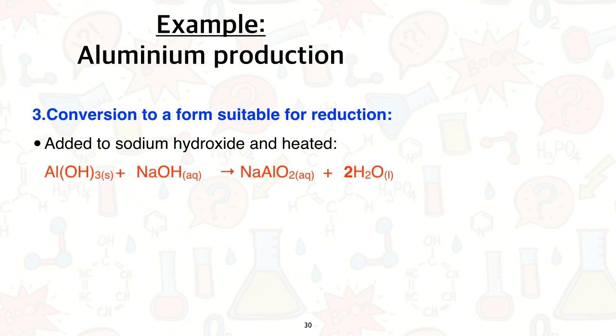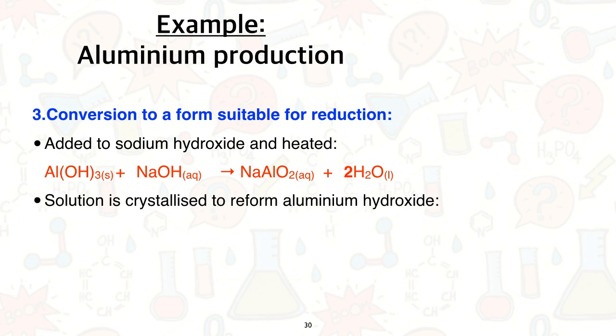In terms of the other impurities, the iron oxide doesn't react, and the silica, if it reacts, forms an insoluble compound. So only one of the products, the aluminium hydroxide, when it forms NaAlO2, is water soluble, whereas all the other components are insoluble. That's how we can separate it from all those other impurities.